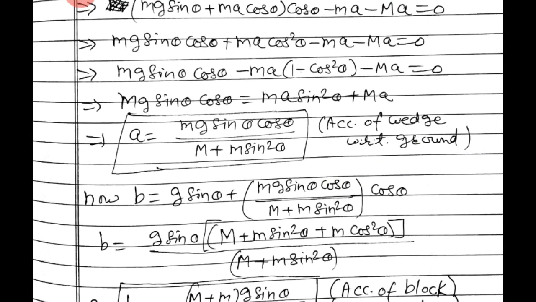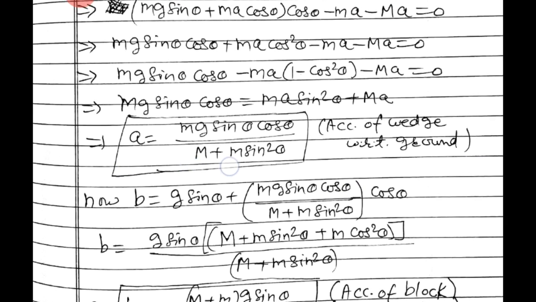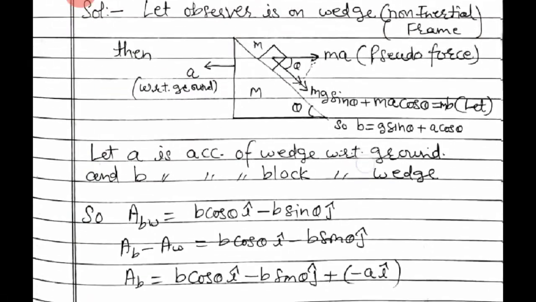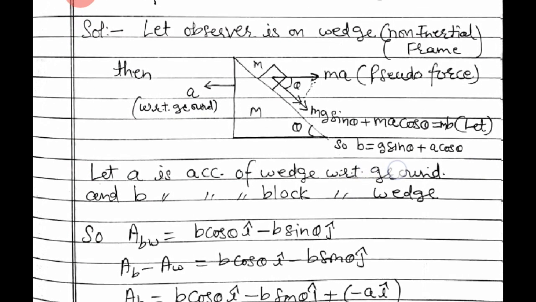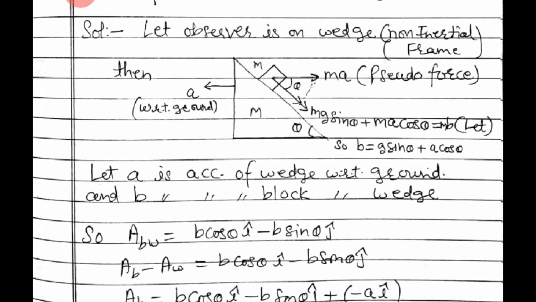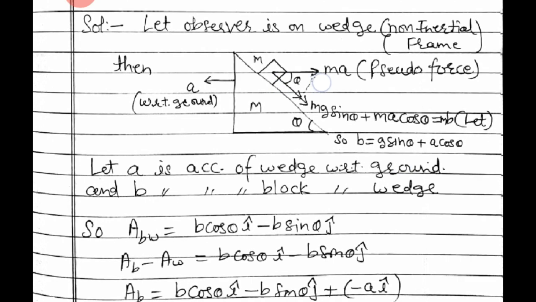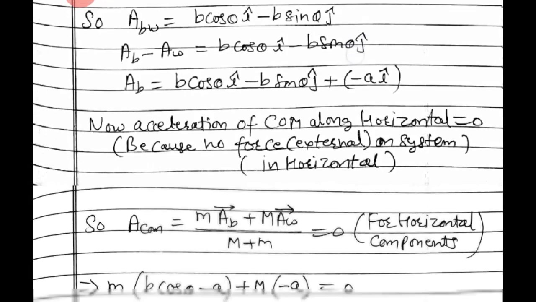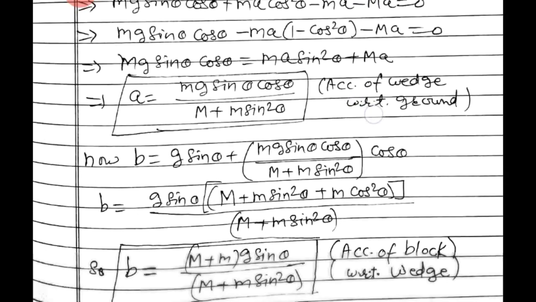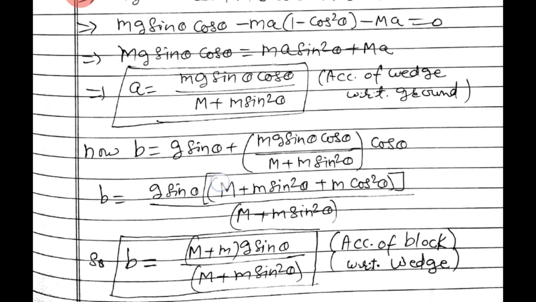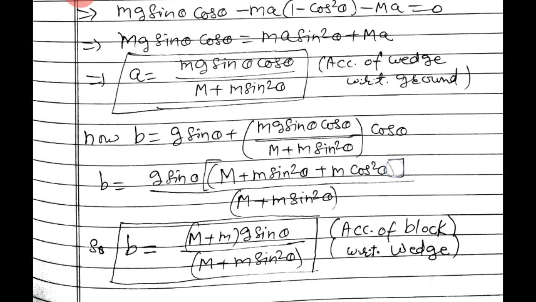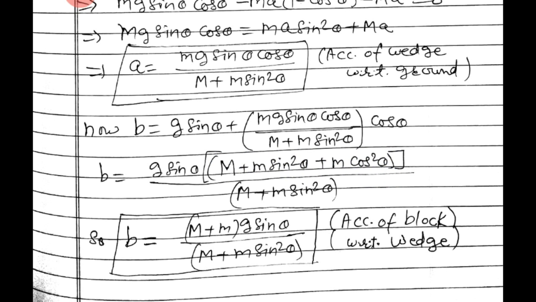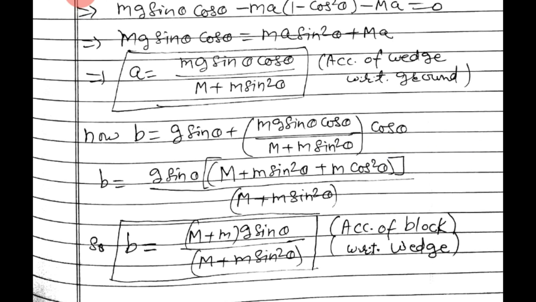Okay, and now we can put this value of a here. So we can get value of b, that is acceleration of this block with respect to this wedge. When we will put value of a, then we will get b is equal to g sin theta plus mg sin theta cos theta upon (M plus m sin square theta) into cos theta.